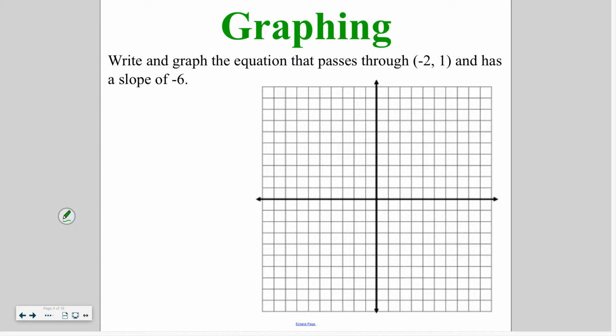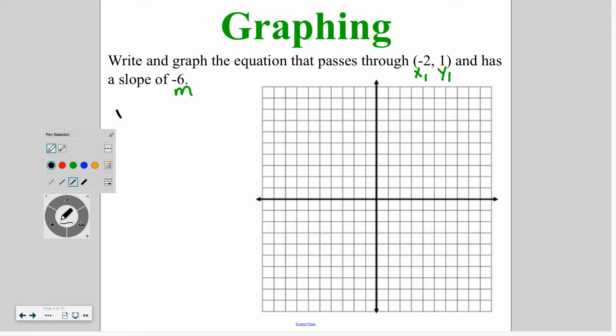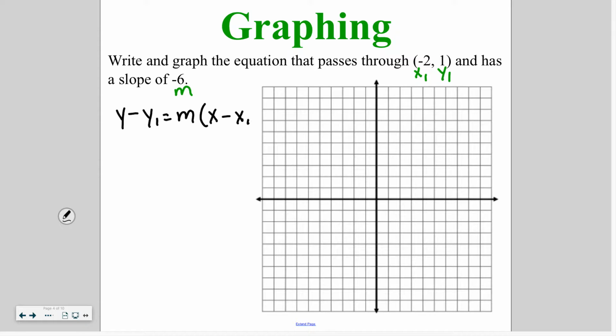So we want to write and graph the equation that passes through the point negative 2, 1 and has a slope of negative 6. So our first job is to identify that our slope is m, and then we have x1 and y1. The equation, a reminder from last slide, is y minus y1 is equal to m in parentheses x minus x1.